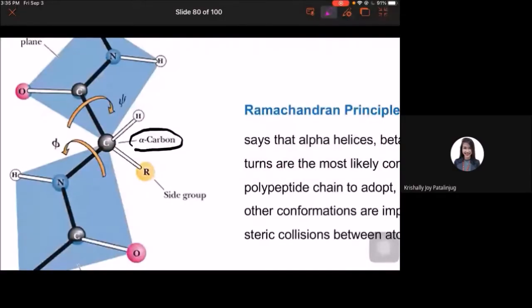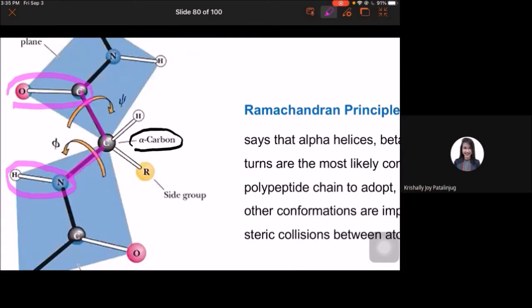That would be between the alpha carbon and the highlighted part towards the carboxyl group. It is drawn in 3D, but that is the carboxyl. And then we have another rotational bond, this one, which is the amino group.